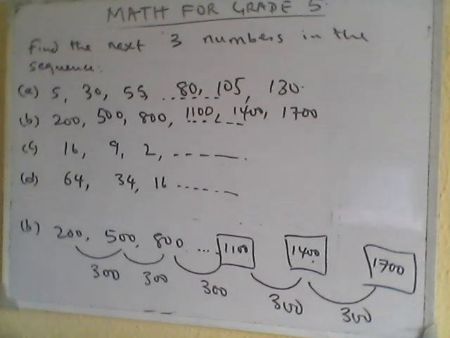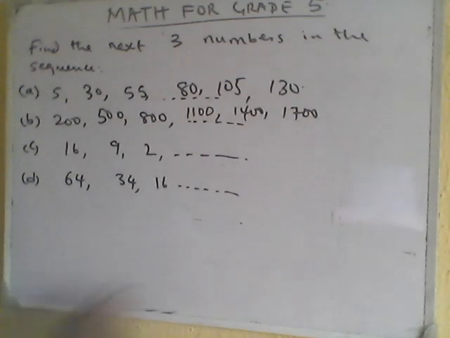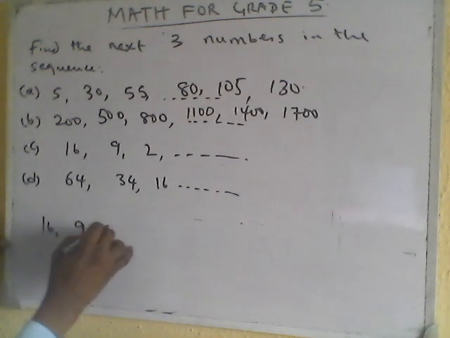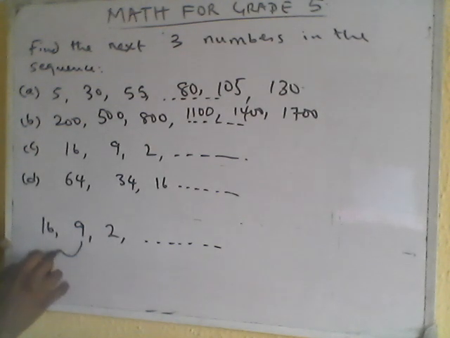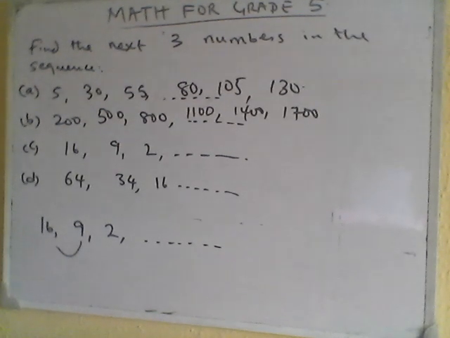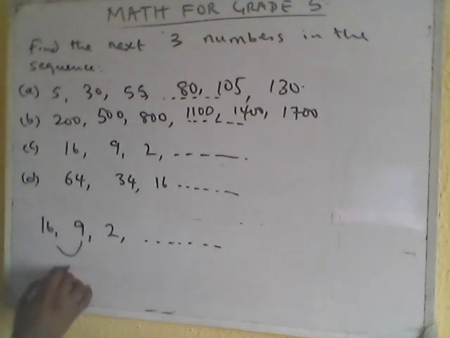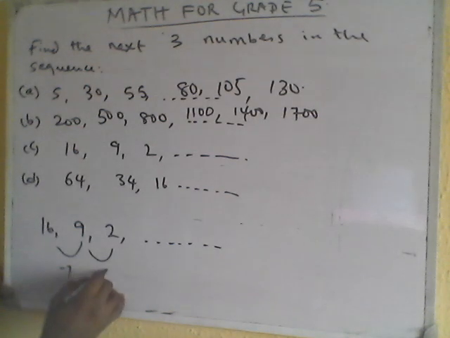So for the C part, the numbers I have are 16, 9, 2, and so on. So 9 minus 16 will give me a negative number. That will be minus 7. Then 9 minus 2 will give me minus 7 again.